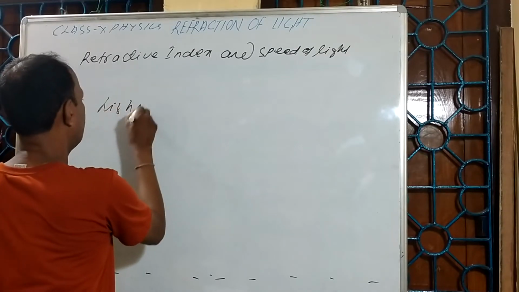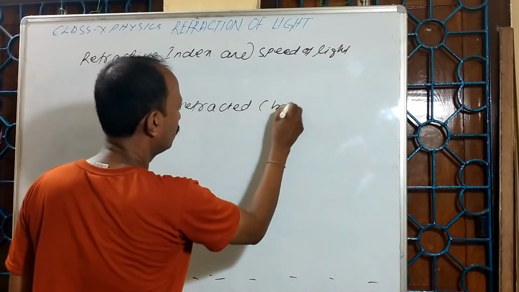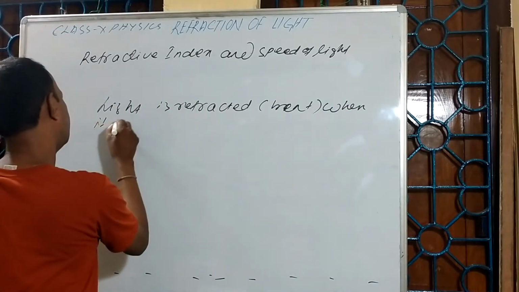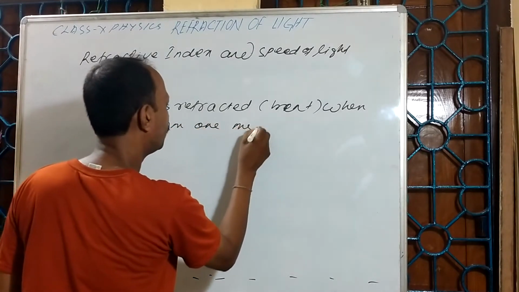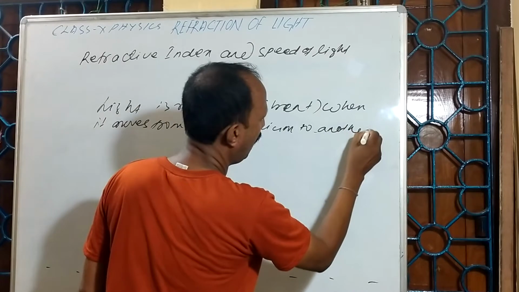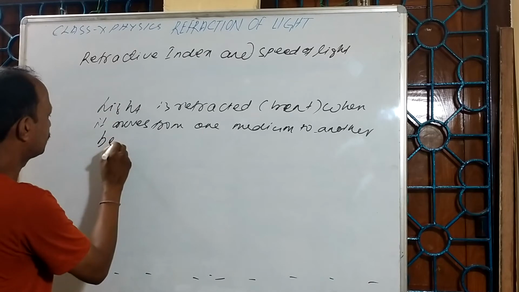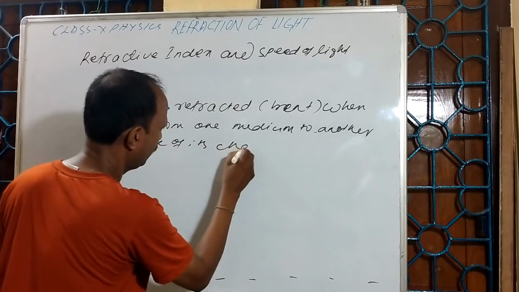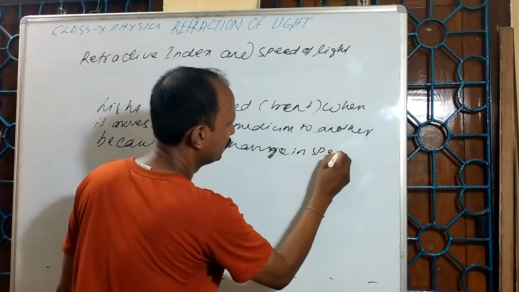I can say that light is refracted or bent when it moves from one medium to another because of its change in speed.